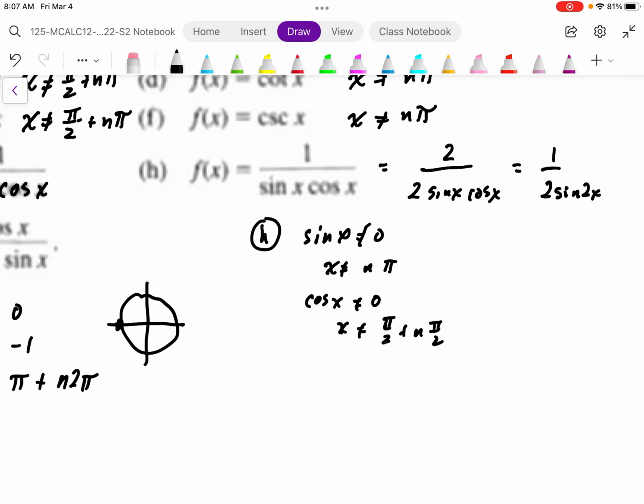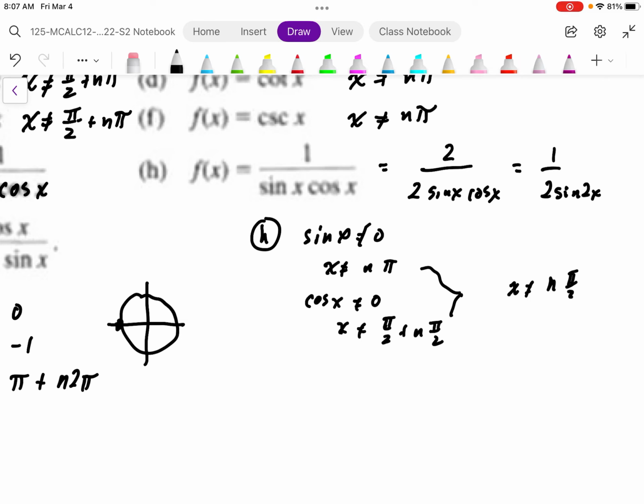Well, sine 2x is equal to 0 at 0, pi over 2, pi, 3 pi over 2. So we're going to have these come together as x is not equal to n pi over 2. So every 90 degrees.